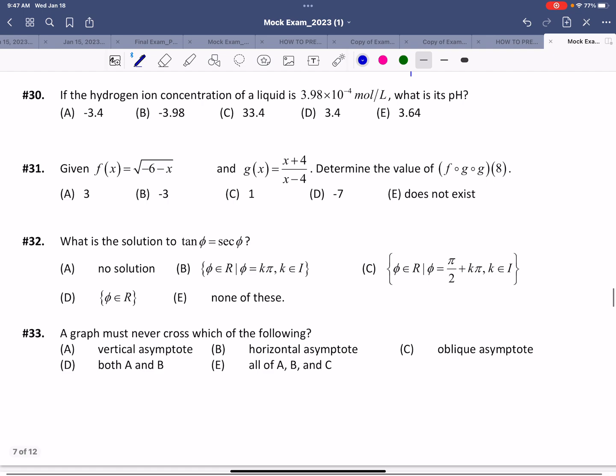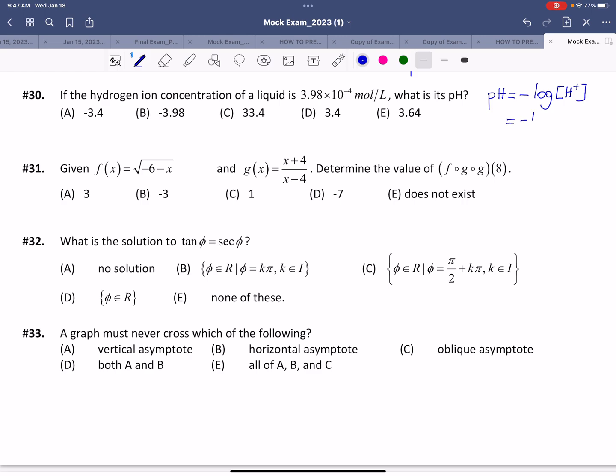Question 30. If the hydrogen ion concentration of a liquid is given to be 3.98 times 10 to the negative 4 moles per liter, then what is the pH? So this is one of the very easy questions. It's easy if you remember the formula. So the formula for pH level is negative log of the concentration of hydronium ions.